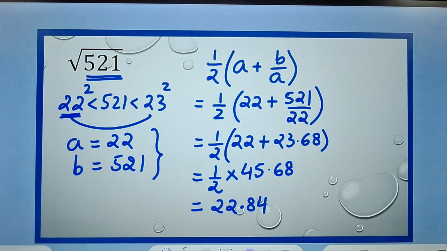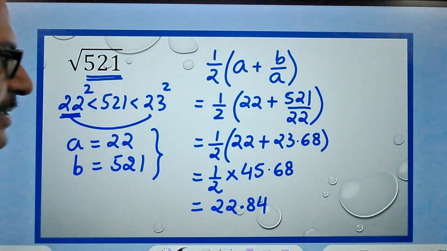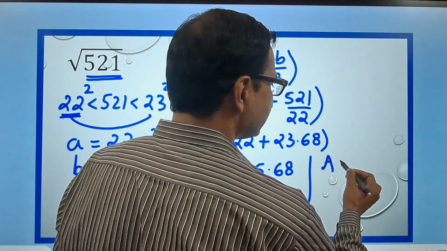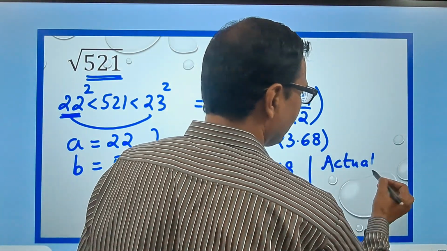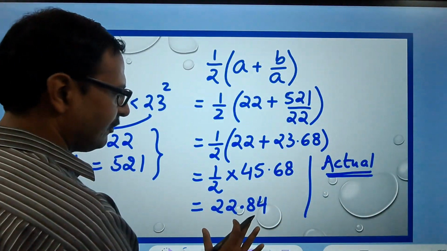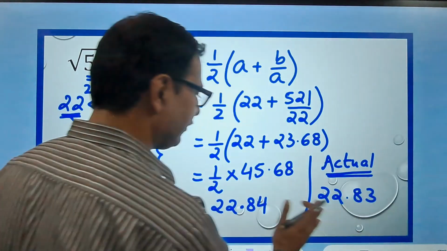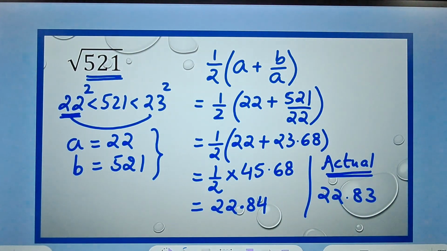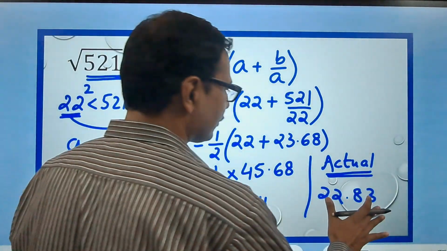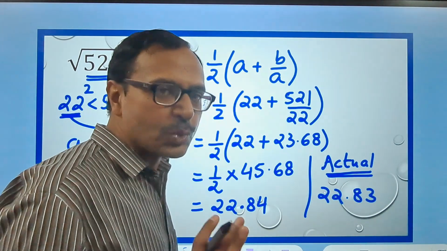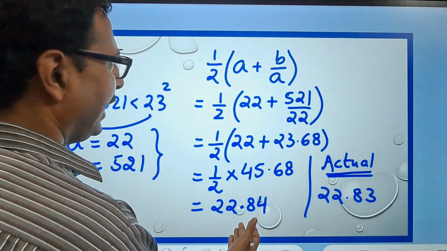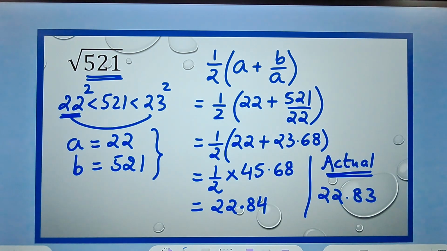Now if you pick up the calculators and check the actual answer, that means the answer rounded off up to 2 decimal places will be 22.83, not 84. But it solves our purpose in like 98% of the cases, right? Nobody is going to deduct marks if you write 22.84 in place of 22.83, at least up to school level. So I think this provides a very good method through which you can find the square root of imperfect square numbers.